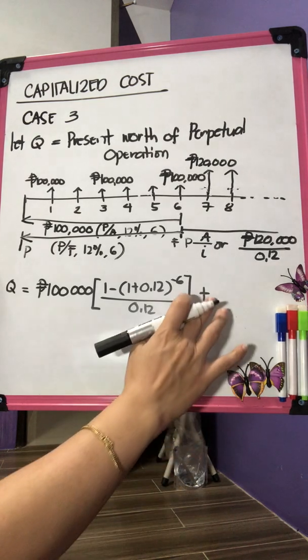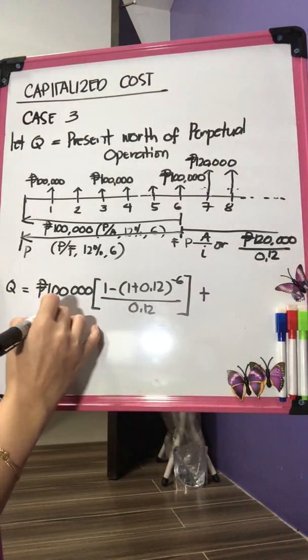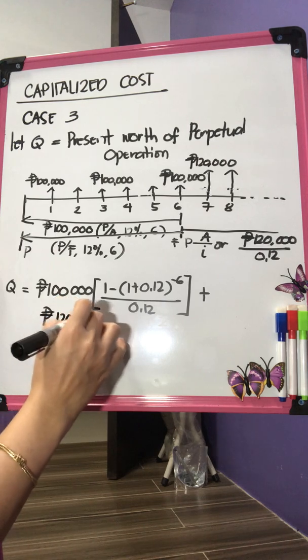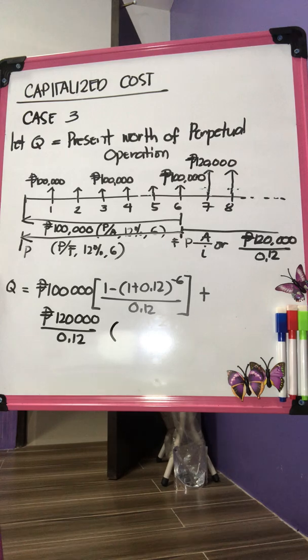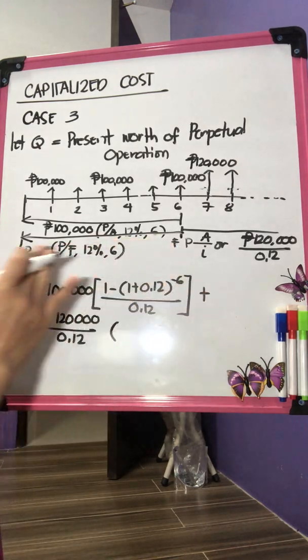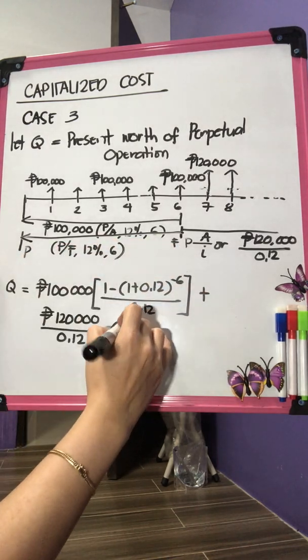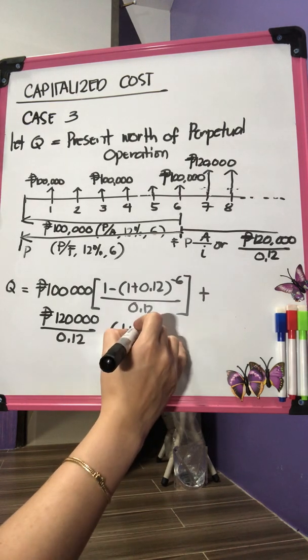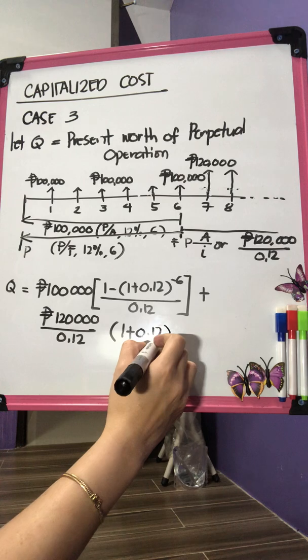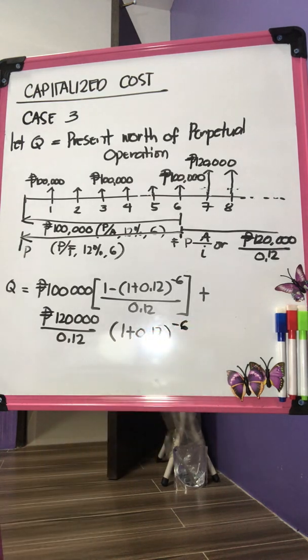Okay? So, kaya plus yung perpetuity natin na 120,000 all over 0.12. And then we have to multiply that, kasi from here nga, ibabalik pa natin siya dito, by 1 plus 0.12 raised to negative 6. So ito na yung deferred annuity, compound interest. Okay?